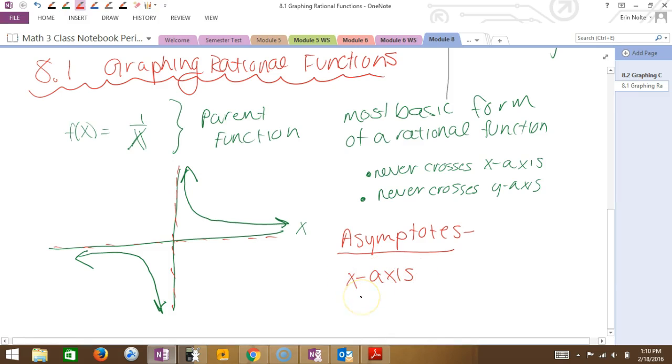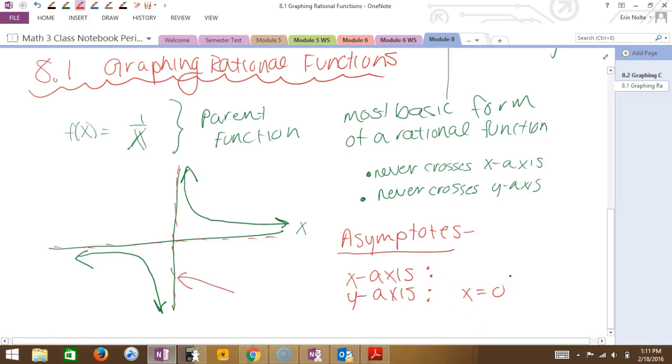And so what would be another asymptote on here? Yeah, the y-axis. What are the equations for the lines of these? What's the equation for the line? What do we call that? The y-axis is what line? The y-axis is x equals 0.